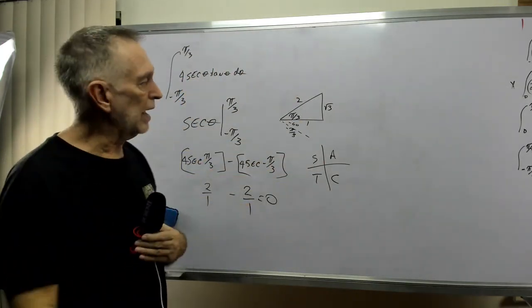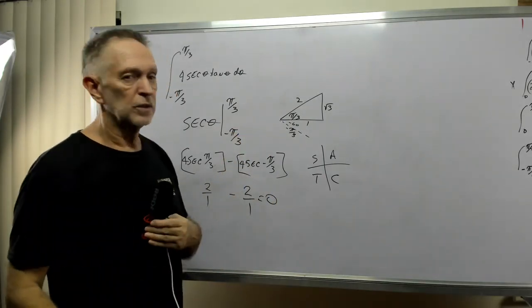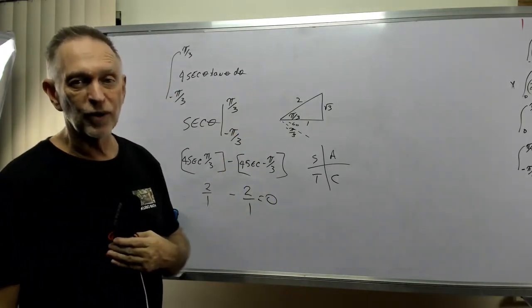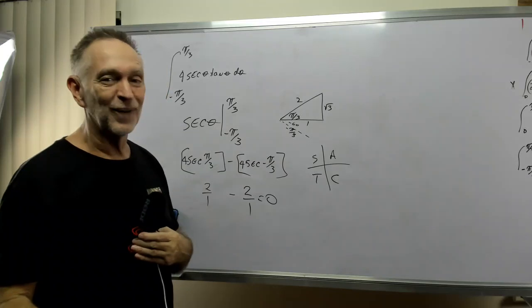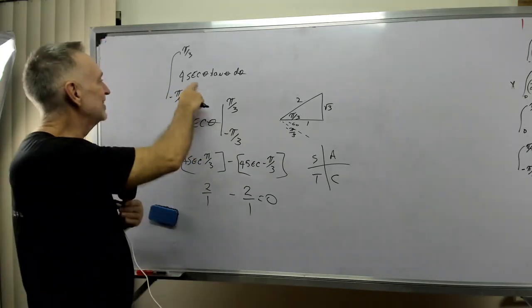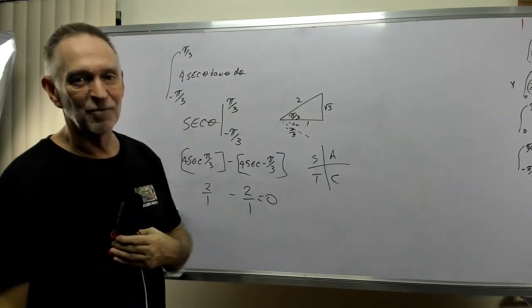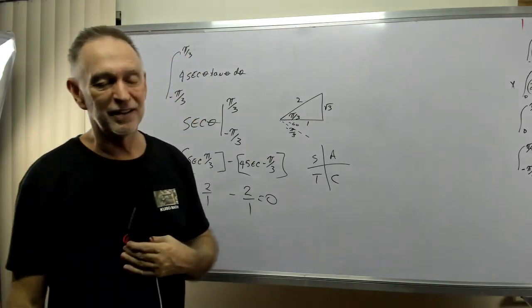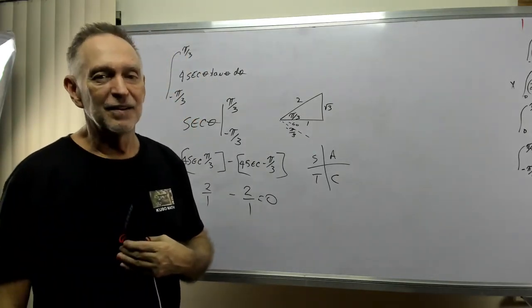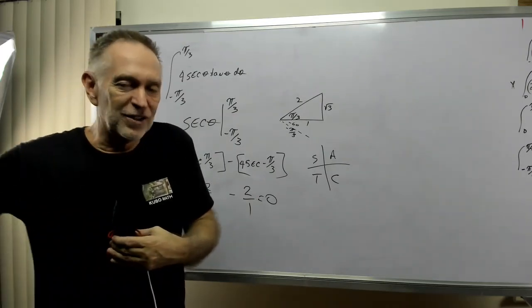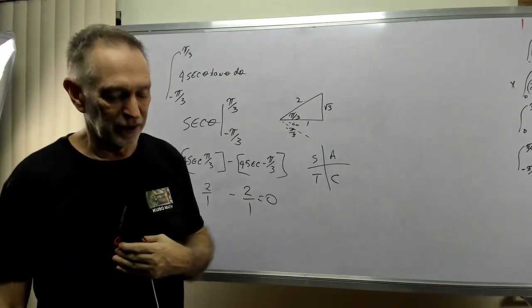That allowed me to work that problem, which in my mind would have been unworkable before. I guess you could have changed these into sine over cosine, 1 over cosine, and gone at it from that perspective. But that's kind of like reaching around the back of your head to scratch your elbow.